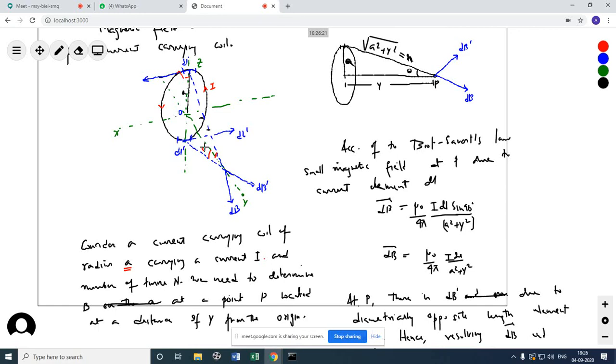Clear? Yes, sir. Now the next thing is, at P there is dB prime, the magnetic field due to the diametrically opposite length element dl dash.